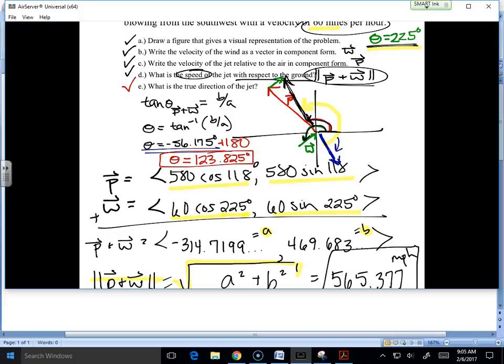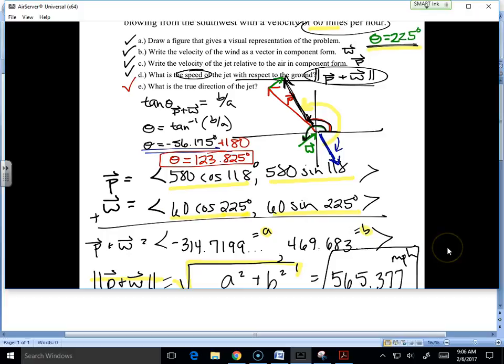Okay, long story short, a lot going on. But a lot of this is reviewing things that we've already done, like how to get a vector into its components from a magnitude and direction. We practiced that twice. How to find the resultant, or net force, net speed in this case, in components is easy math: add them down.